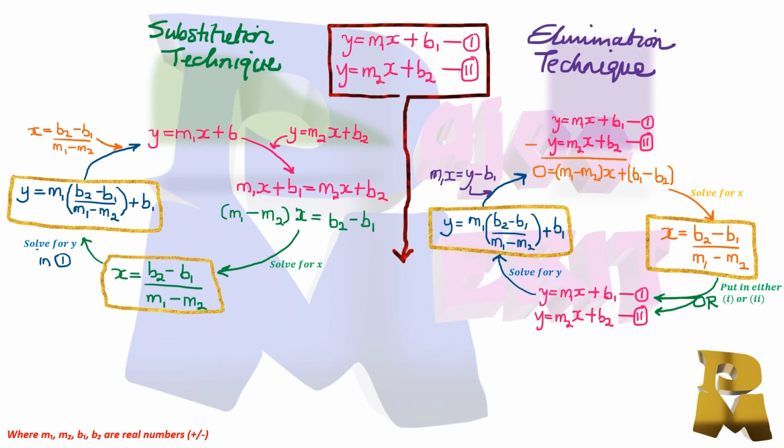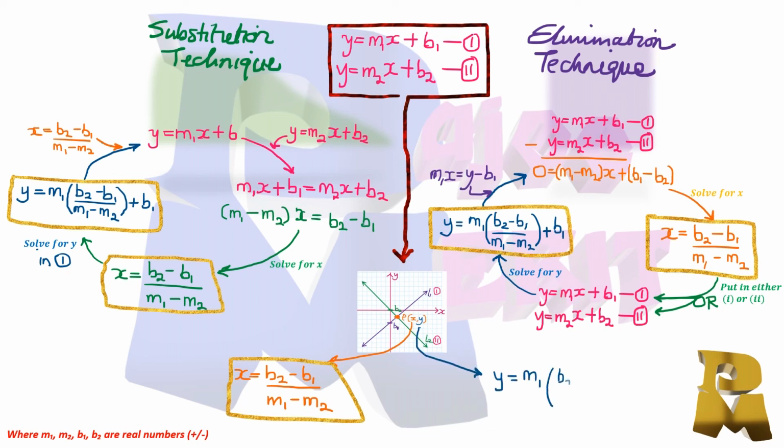And in here, once we actually perform the substitution technique or elimination in both equations, we will on the graph identify the x, which is expressed as b2 minus b1 divided by m1 minus m2, and identify the y, which is equal to m1 all multiplied by (b2 minus b1 divided by m1 minus m2) all bracket close plus b1.